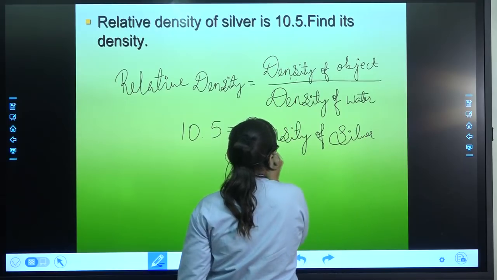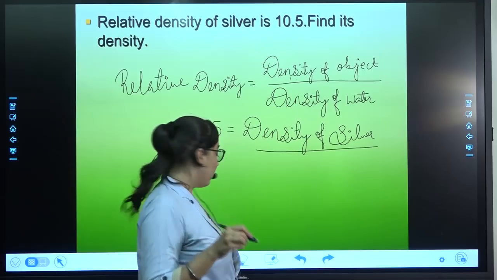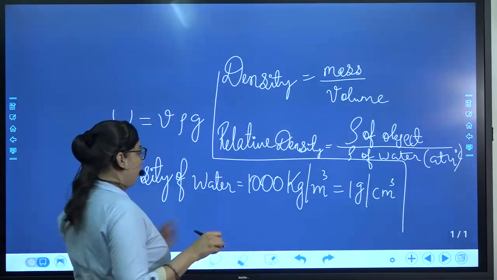What is the density of water? If we take the SI unit, then it is 1000. Try to recall.